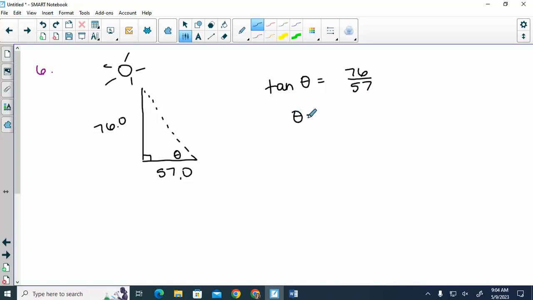If you're trying to find your angle, that's when you do the inverse. Tangent inverse of 76 over 57. So if I'm doing 3 significant digits, that's 53.1 degrees.